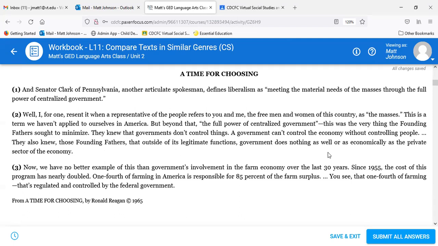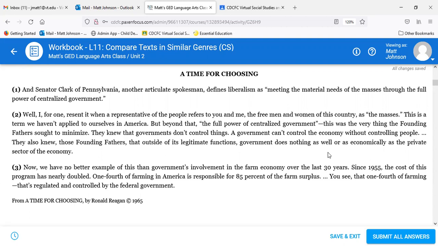Well, I, for one, resent it when a representative of the people refers to you and me, the free men and women of this country, as the masses. This is a term we haven't applied to ourselves in America. But beyond that, the full power of centralized government. This was the very thing the founding fathers sought to minimize.